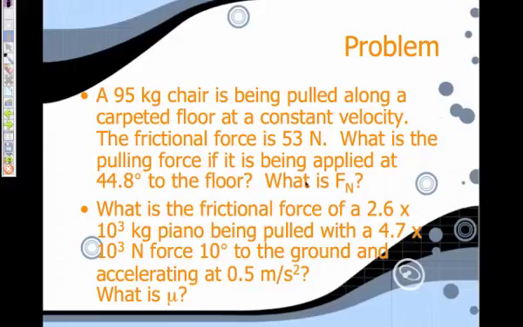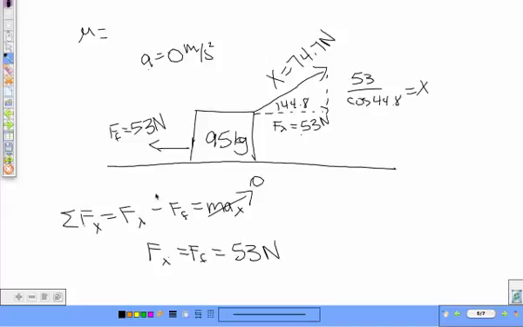Right, and then I added this other, what's f of n? Well, you would just use this. Use f of y. So we have the sum of the forces in the y direction is equal to the normal force minus the weight plus f of y, and that equals 0.